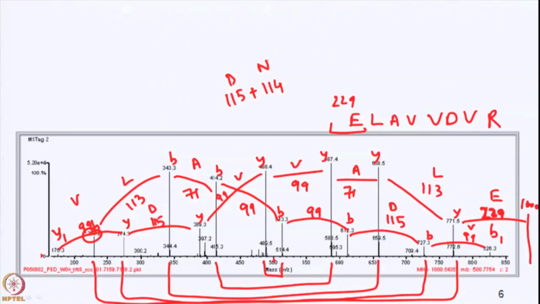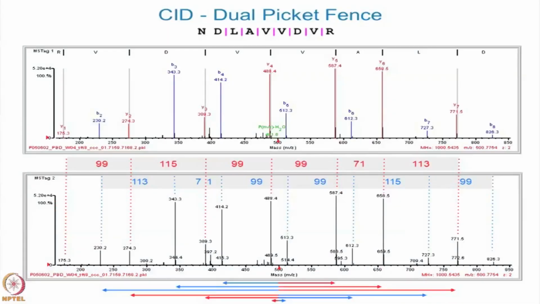Okay, so if we now take a look at the way that this spectrum is labeled, we don't have fragmentation between N and D. So this would start at 230, and then this last gap here is 129.